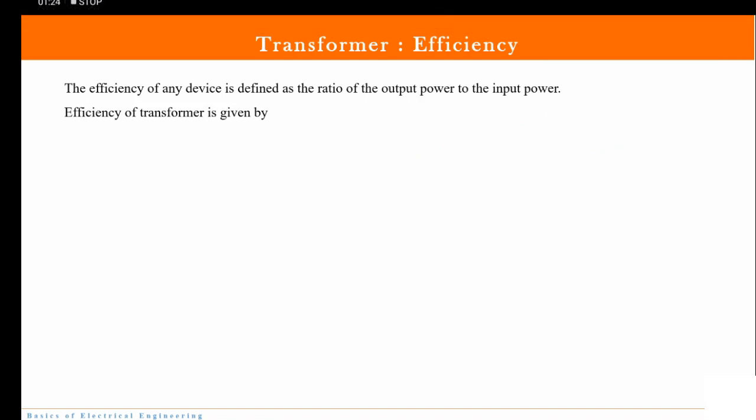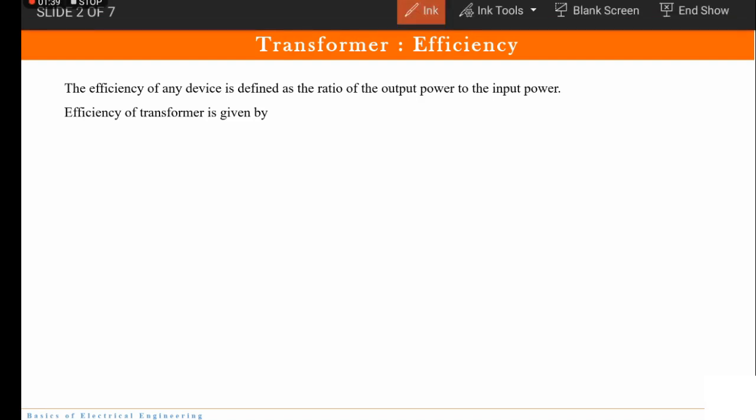Now if you talk about efficiency of transformer, I would say that efficiency of the transformer is the ratio of output power to input power. Okay. Now we also know that here the input power is responsible for generating output power plus losses.